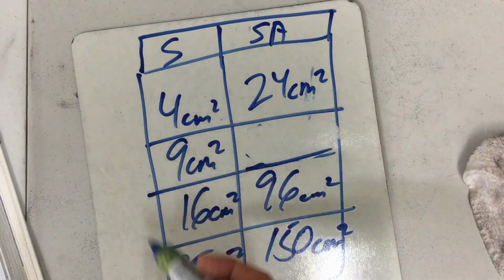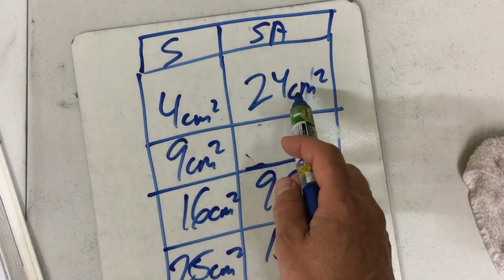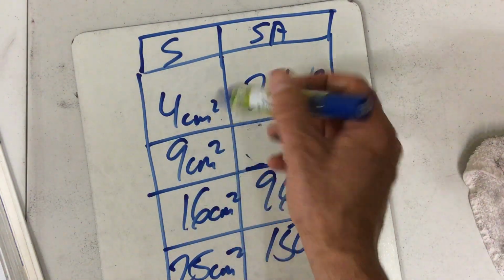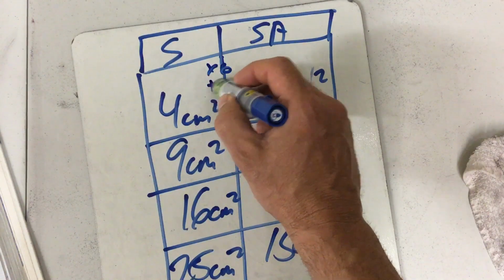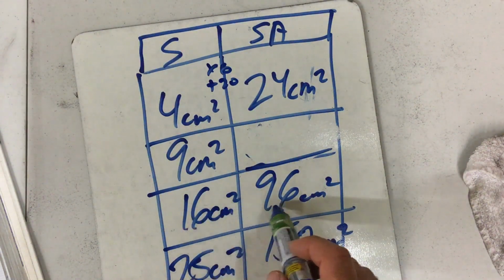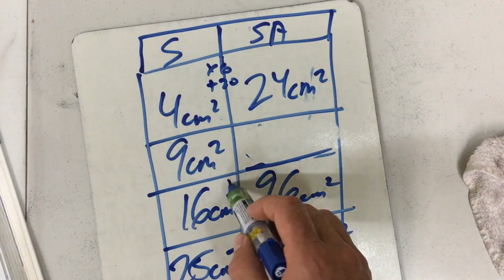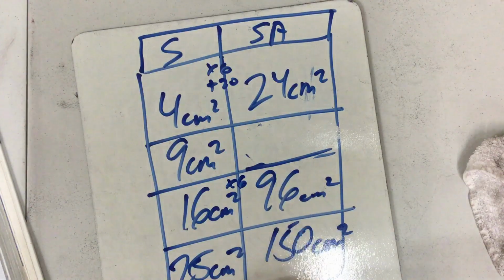You look at this, I say, 4 to 24, that looks like it's times 6, or plus 20. It's either times 6 or plus 20. I wonder which one. Then you come over here and you say, if I plus 20 here, I only get to 36. But if I times 6, that works out.